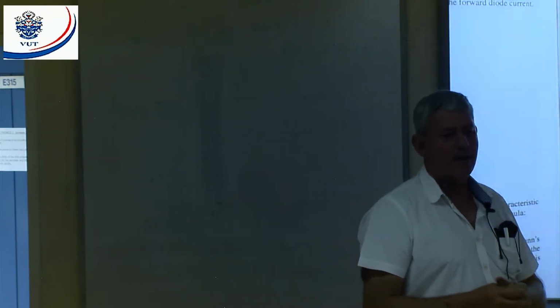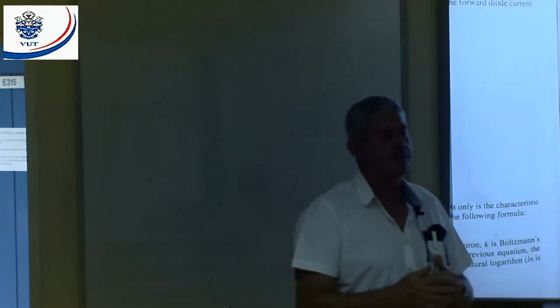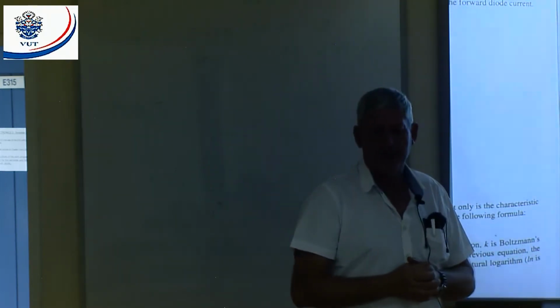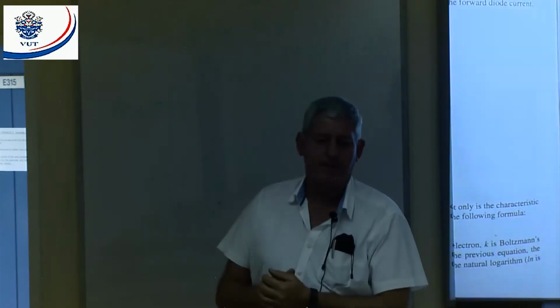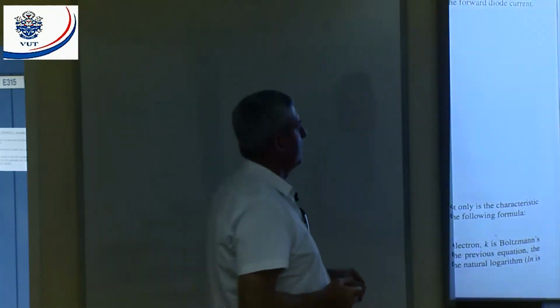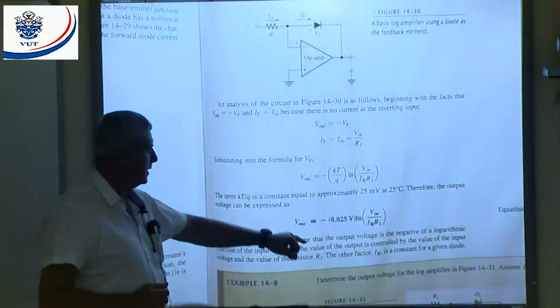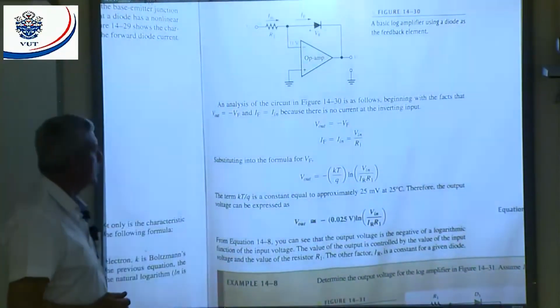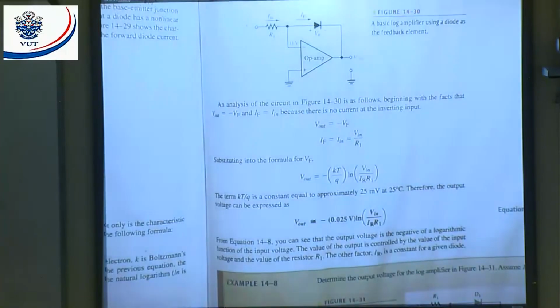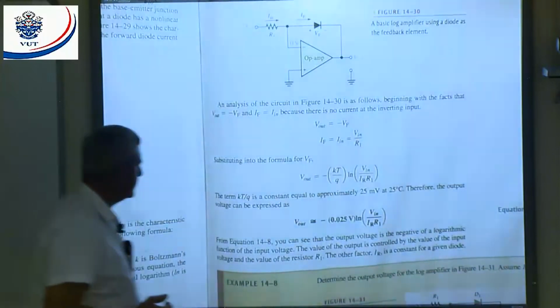Re accent was also equal to 25 millivolts divided by IE, because we also got a PN junction there. That is exactly the same, 25 millivolts. Then I can say VR is approximately equal to minus 0.025, that's 25 millivolts, ln of Vin divided by IR times R1. That is for the output of that circuit.